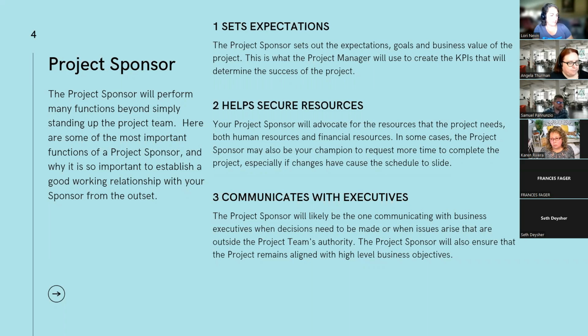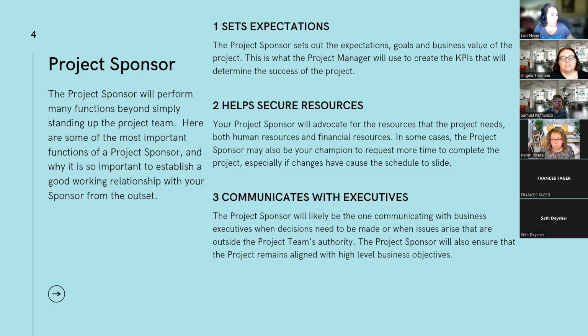This is very important because the project team may think that they've done a good job, but ultimately you're going to want to make sure that the project sponsor agrees that you've achieved your goals.